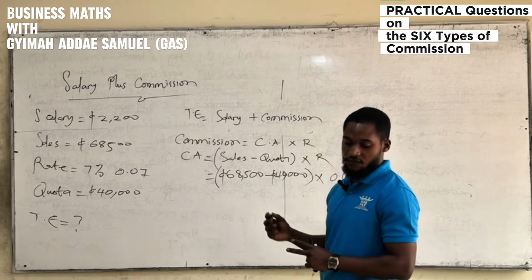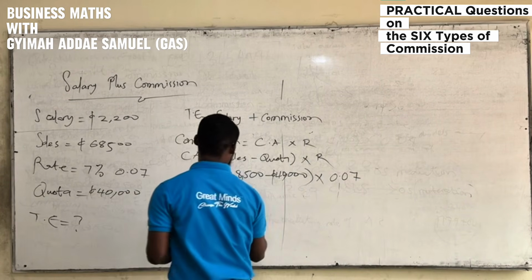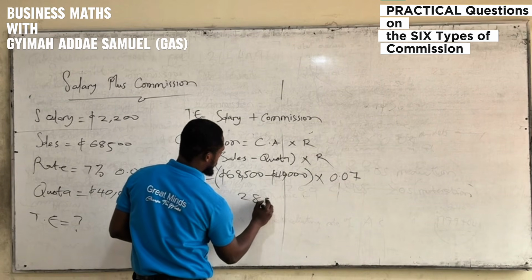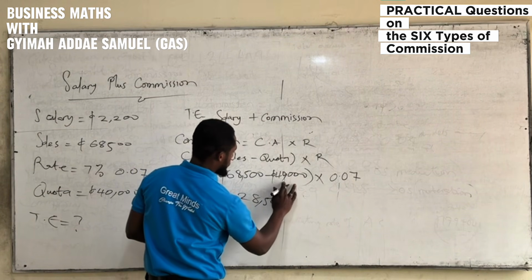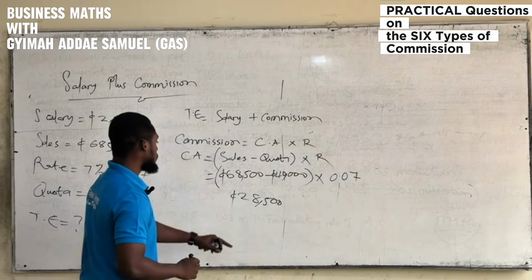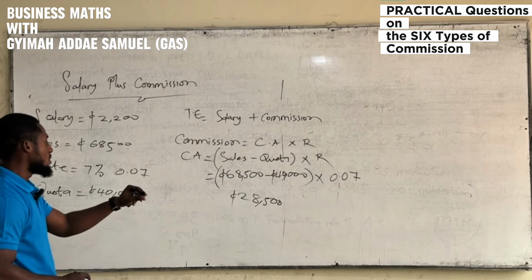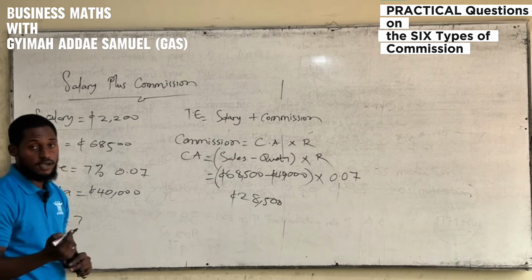So our commission amount, when we subtracted the quota from the sales, is 28,500 Ghana cedis.